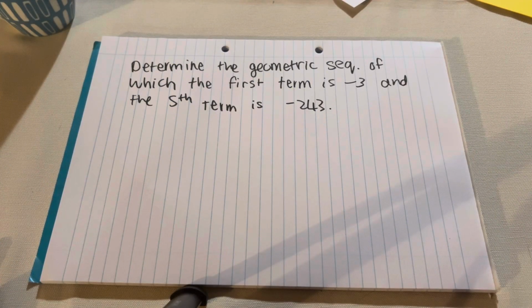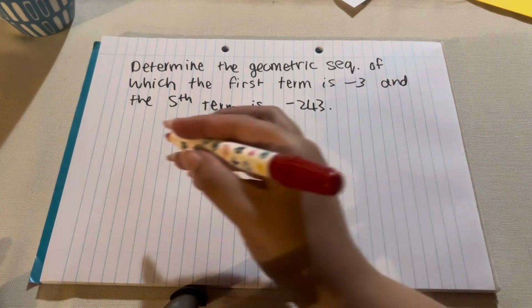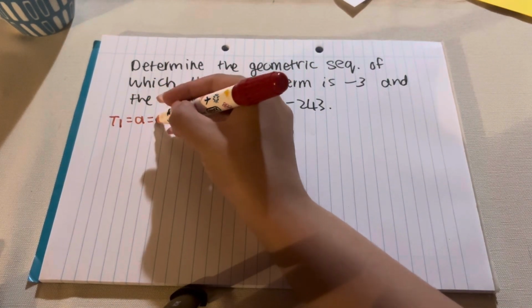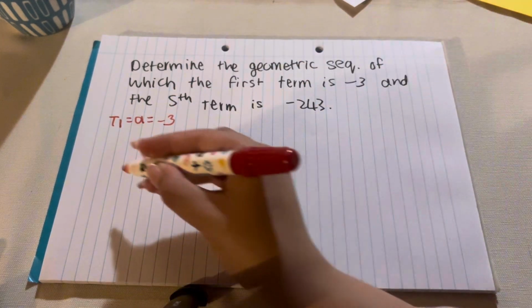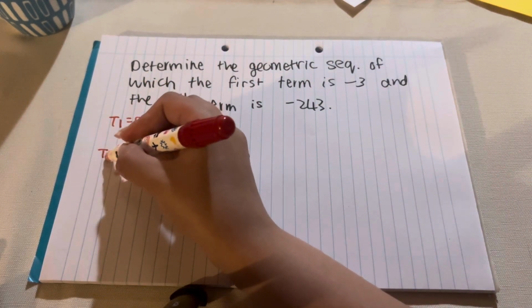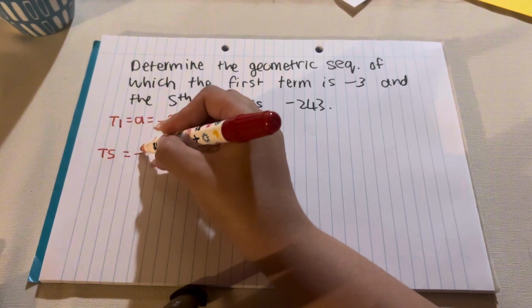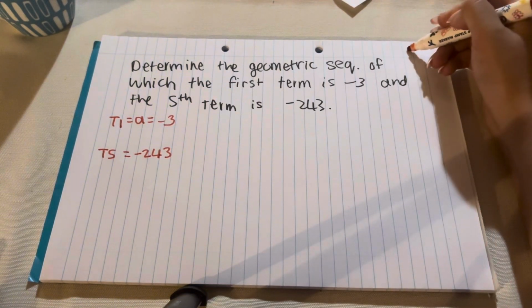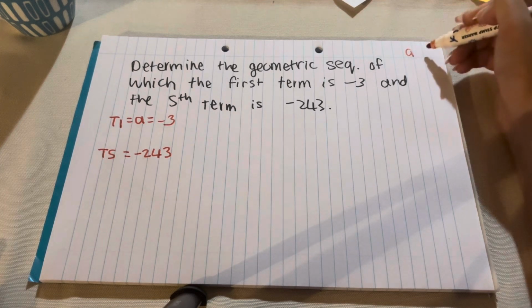Determine the geometric sequence of which the first term is -3 and the fifth term is -243. So we have term 1, also known as A, that's -3. And then we have term 5 as -243. So remember, we need to know what is our A value as well as our R value.